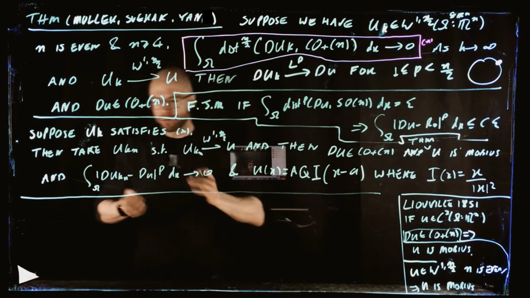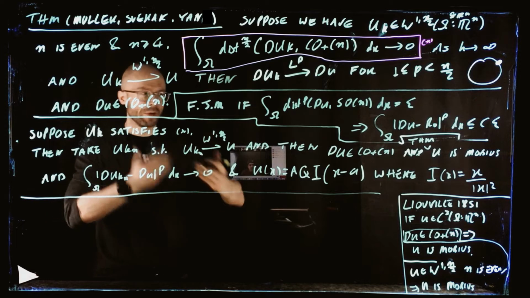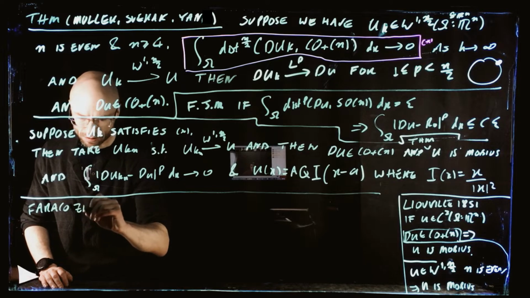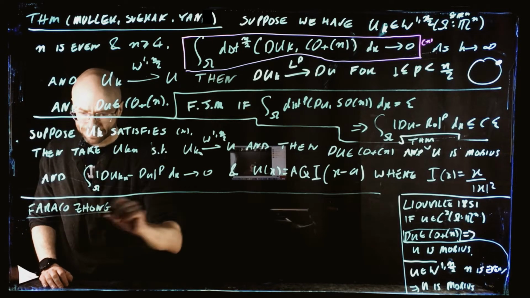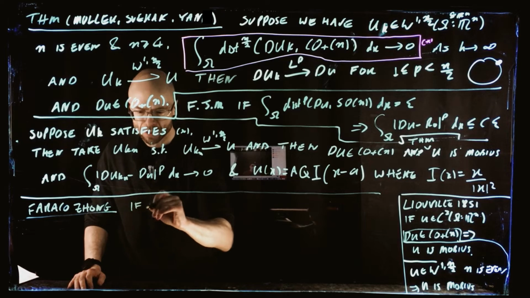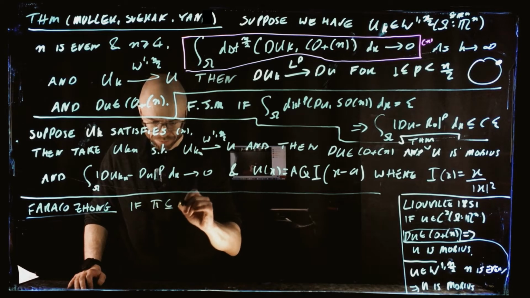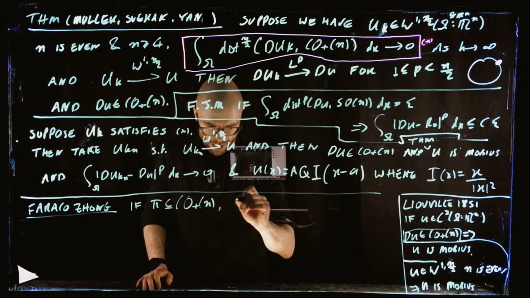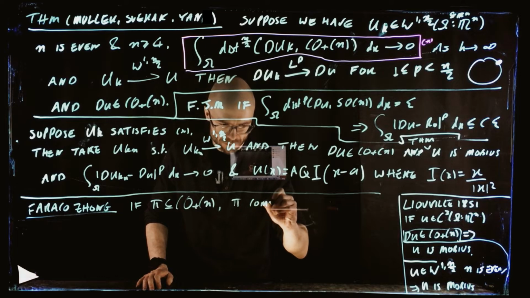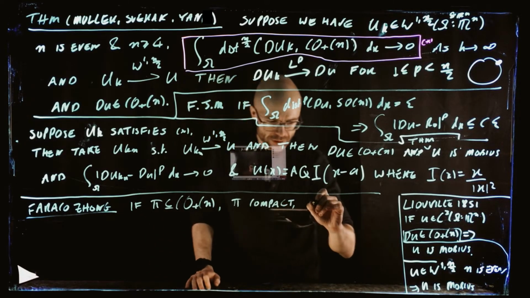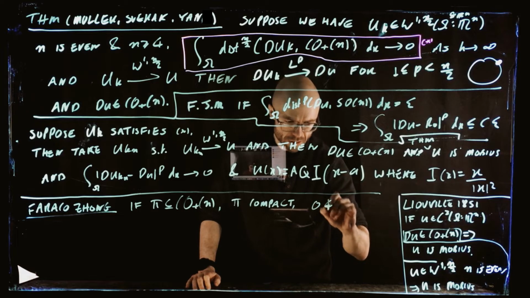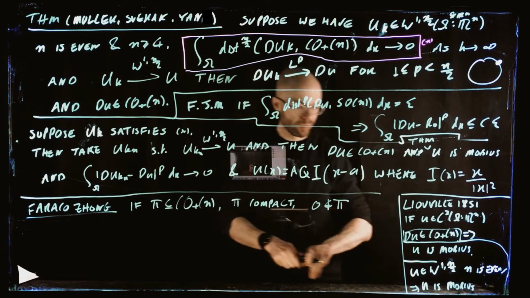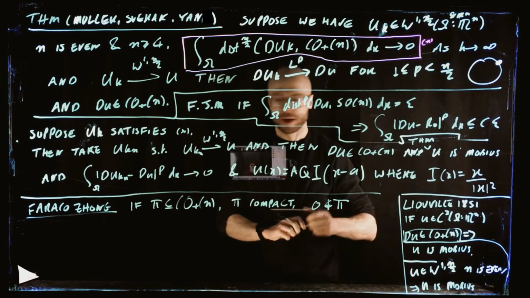If you don't have the full conformal set, there is actually a much stronger result, and that's by Faraco and Zhong, another fairly recent result, which is that if you have a set, let's call it pi, contained within the conformal matrices, and pi is compact, and pi does not include 0, then you have a theorem of the order of Muller that you can replace this thing by pi.